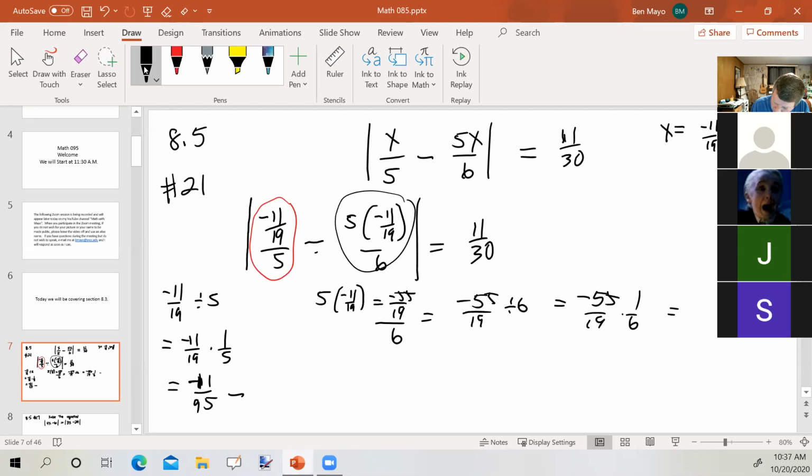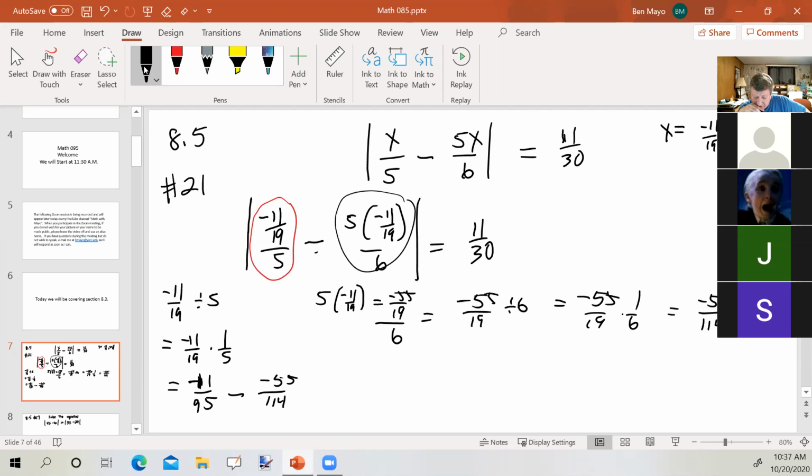Which is negative 55 over, what, 60 and 54? Is that right? That would be 114. Oh, this is just awful, isn't it? So then this is going to be minus 55 over 114.